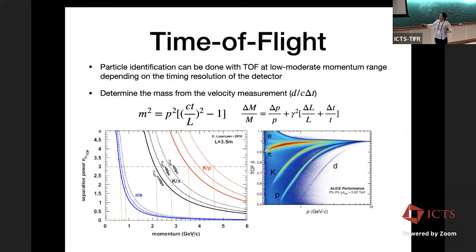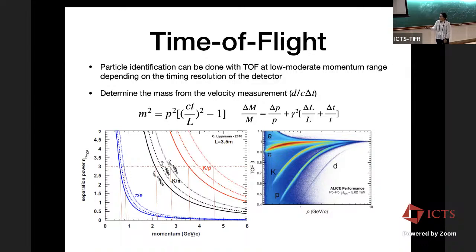Let's say you have a fixed distance, because your detector sits somewhere away from the interaction point, so your distance is fixed. What characterizes the performance of this type of detector is the so-called separation power. If you want to separate pions and electrons, or pions and kaons, the minimum we normally require is 3 sigma, but normally we want a little bit more for more stringent measurements.